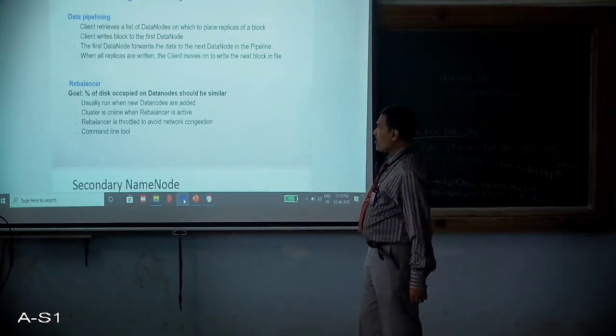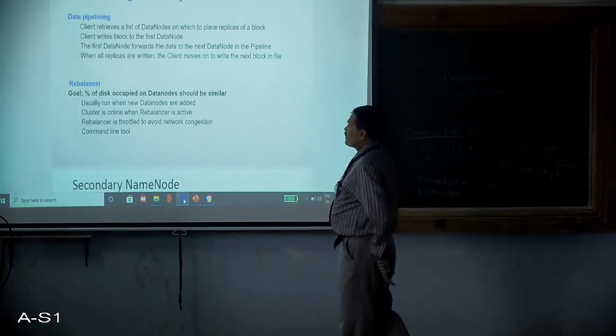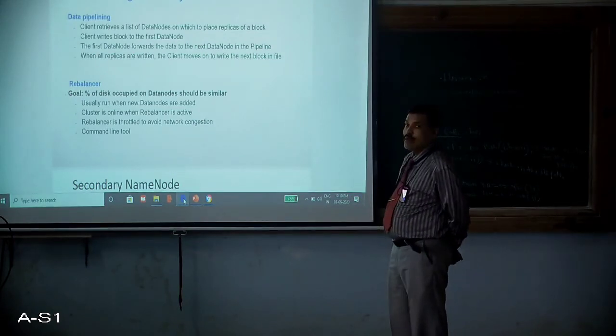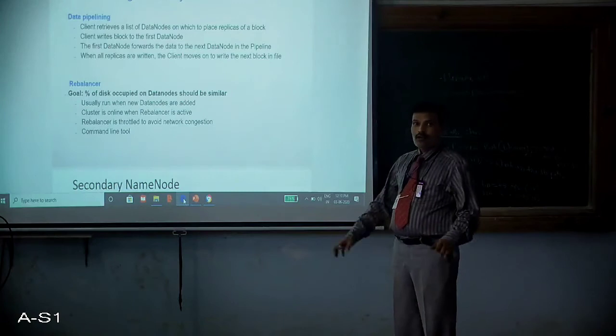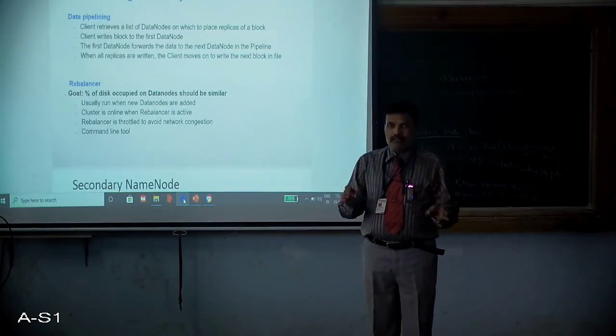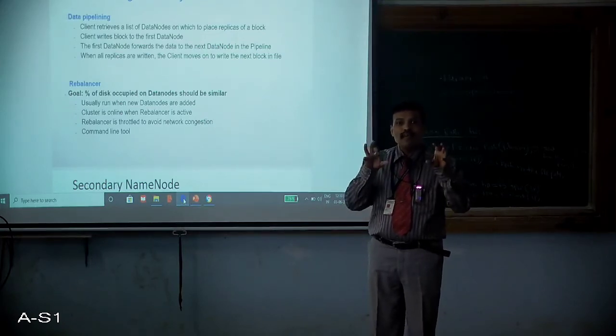So the rebalancing option we also discussed yesterday. The goal is that the percentage of disk occupied on data nodes should be similar. HDFS ensures that all the replicas of the file occupy the same space.